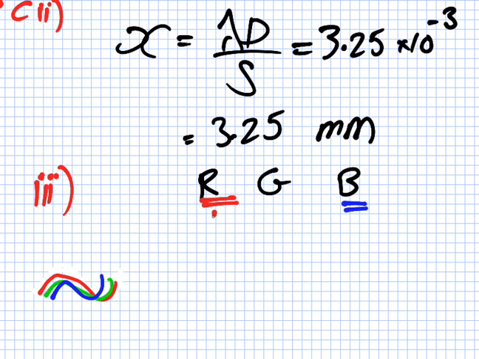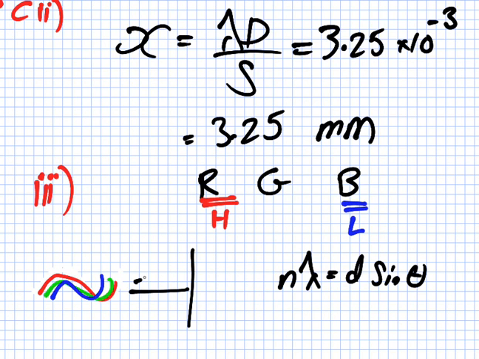Now if I look at my formula, n lambda equals d sine theta, it doesn't give me the distance, sorry, it gives me the theta. So I'll rewrite it as sine theta equals n lambda over d.